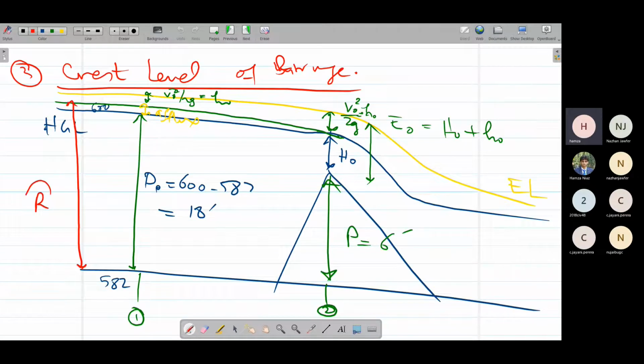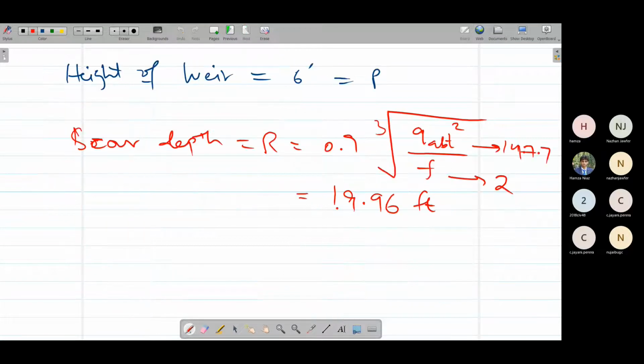So we know this R value, and we know this P value. So we can calculate this H naught value. How? Simply by subtracting P from R. This H naught is the head above the weir crest.